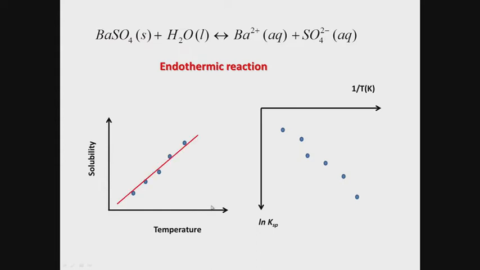And then one can draw the best fit straight line through these experimental points, and from here we can find out what would be the solubility of barium sulphate at the temperature of the laboratory when you are carrying out the experiment. So, the message that you get from this picture is solubility of barium sulphate increases with increasing temperature.